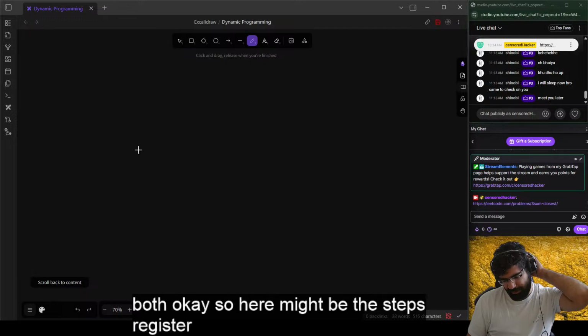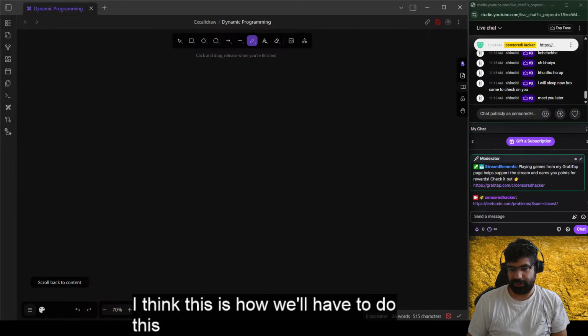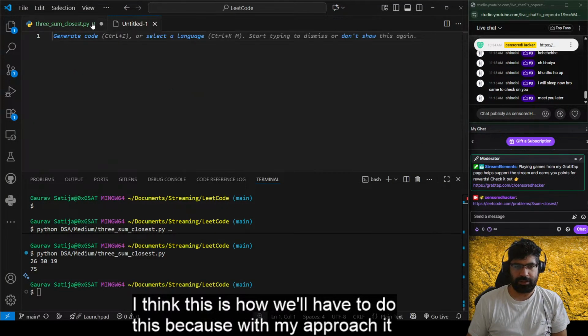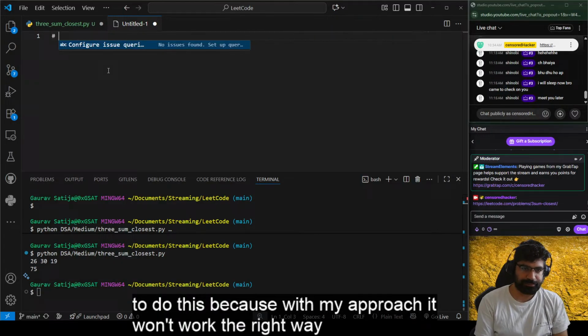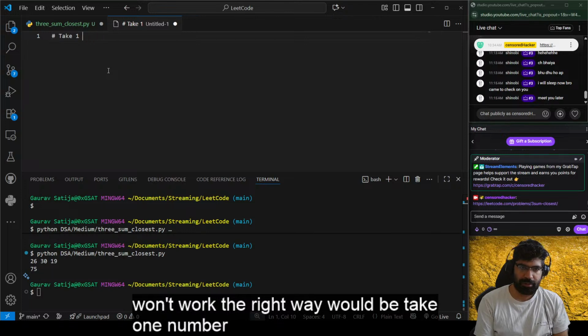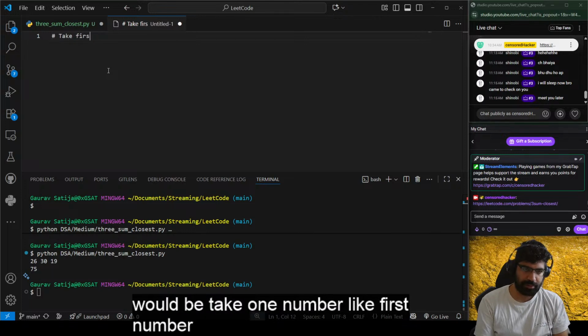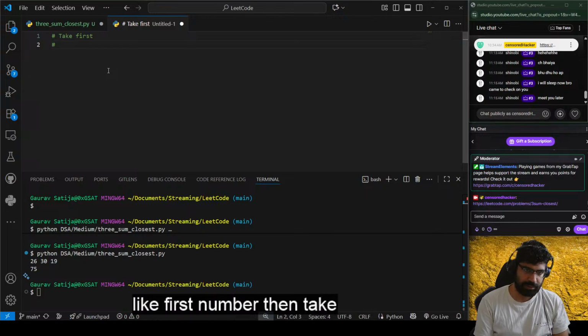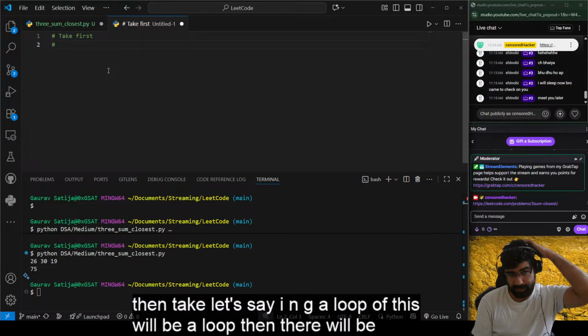Rajeshwar, I think this is how we'll have to do this, because with my approach it won't work. The right way would be to take one number, like the first number, then take, let's say, i and j, a loop of this, then there will be this loop as well.